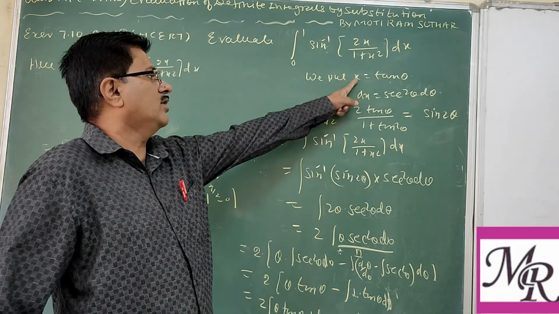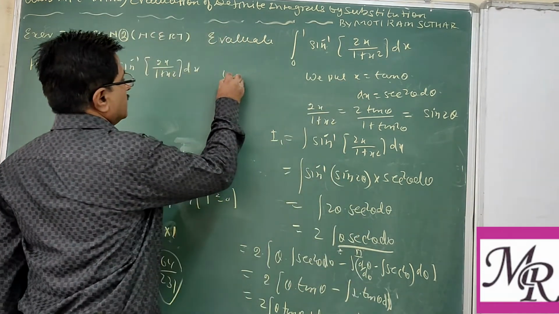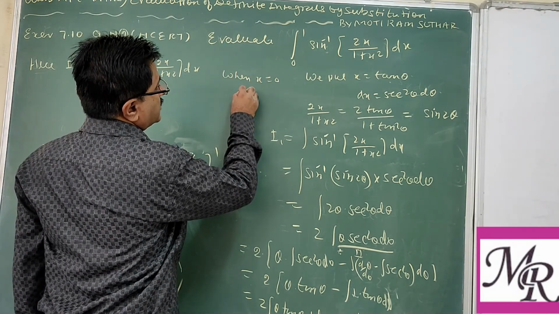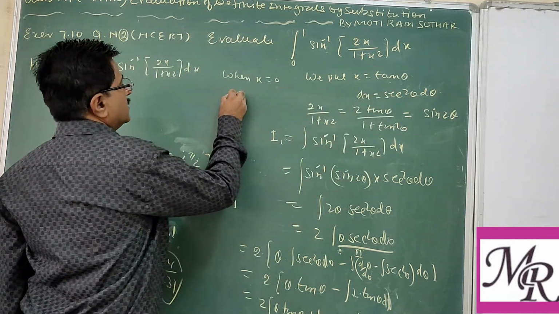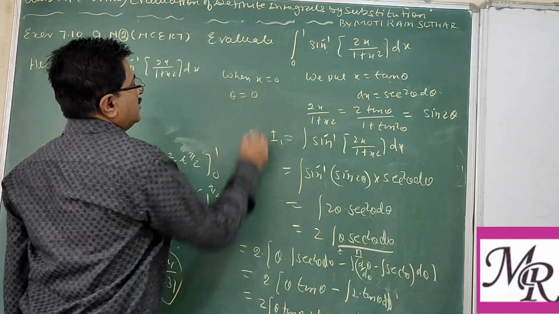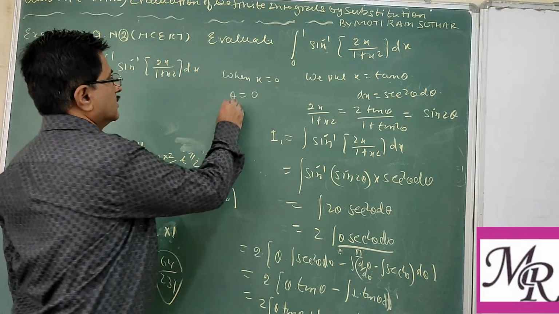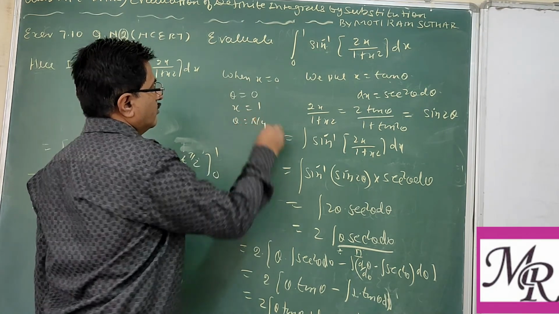Now suppose you want to change the limit, then what happens? When x equals 0, tan theta is also 0. When x is 1, then theta is pi by 4.